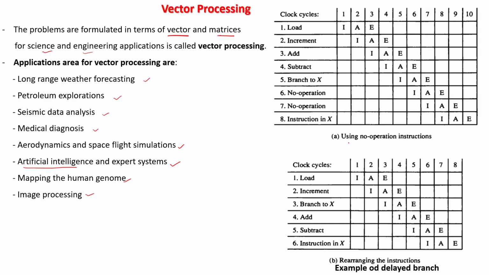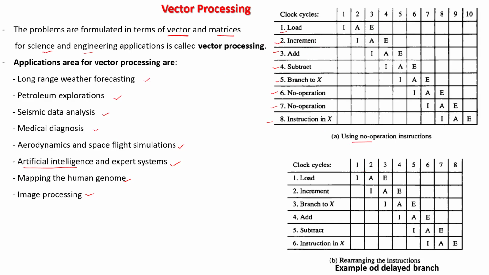Here, if you see an example, when no operation instruction is there, they have written continuously: load, increment, addition, subtraction, branch to X, no operation, instruction in X. All these are considered in various cycles.